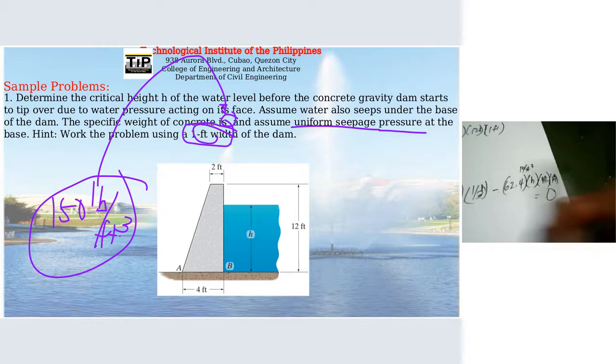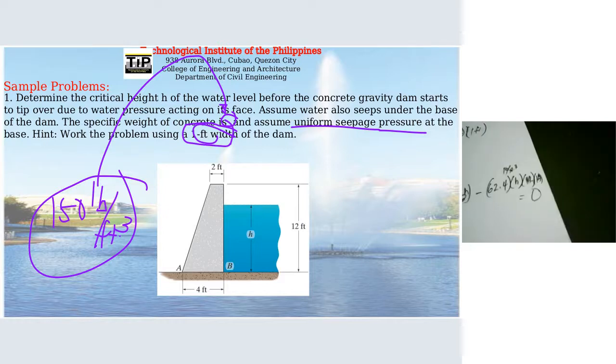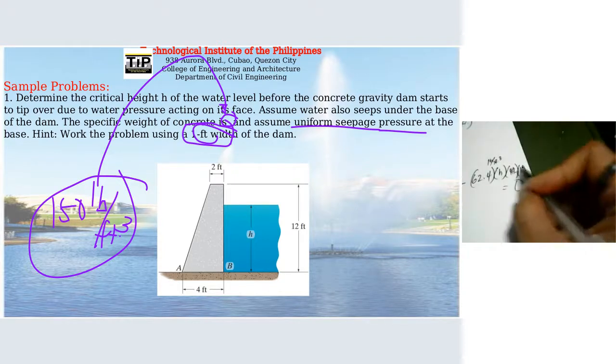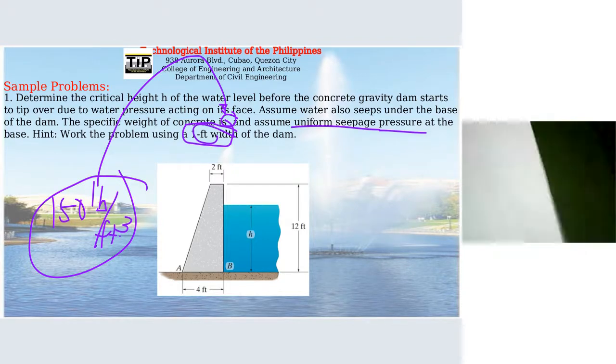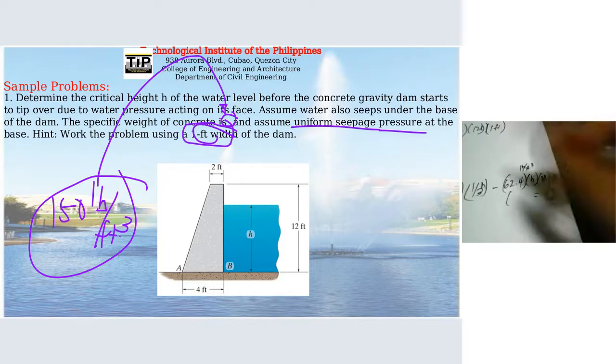And then we have minus 62.4 times 4. And then, okay, we do not have the moment arm yet. So the moment arm is half of this rectangle, which is 4 over 2.